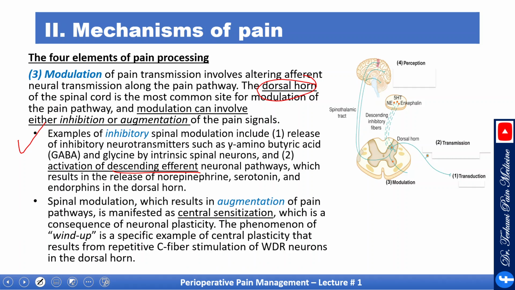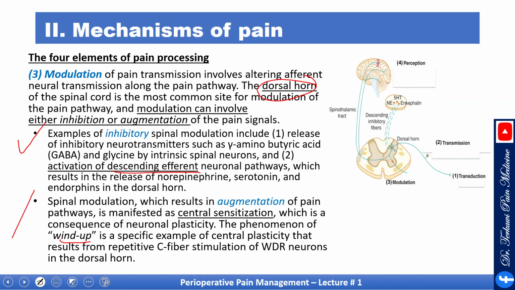Spinal modulation, which results in augmentation of the pain pathway, is manifested as central sensitization, which is a consequence of neuronal plasticity. The phenomenon of wind up is a specific example of central sensitization that results from repetitive C fiber stimulation of the WDR neuron in the dorsal horn.